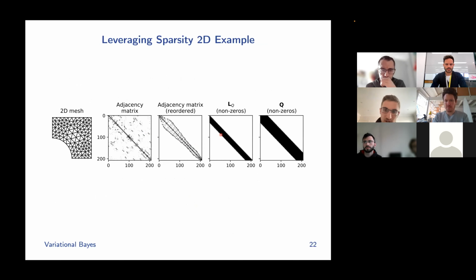Yeah, exactly. So the way you build it is like this. You have your mesh, then from this mesh you get the adjacency matrix, like if two elements are adjacent to each other. Then what you can do is reorder your vector, you can reorder your kappa, so that the adjacency matrix is banded.